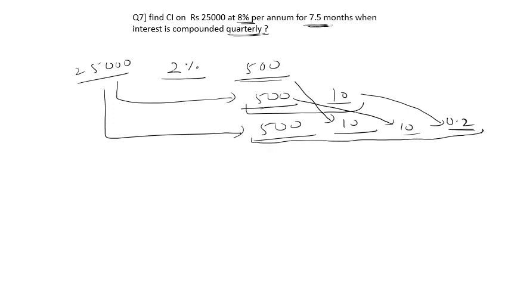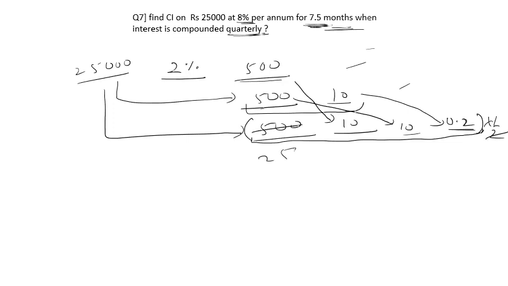Total 9 months I am finding out, but I need 7.5 months, meaning the first 6 months is intact, but for the last 3 months I'll just have to multiply by 1 by 2, because 6 months plus 1.5 months is 7.5 months. Okay guys, I hope this part is clear.